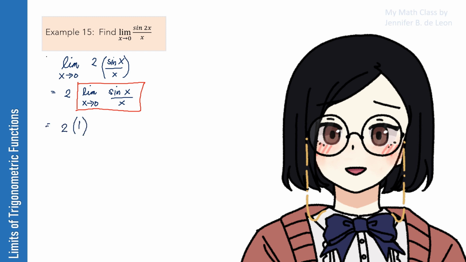Thus we will have 2 times 1. When simplified, this will result in 2. Therefore, the limit of sine 2x over x as x approaches 0 is 2. Let's confirm with the graph of the function.